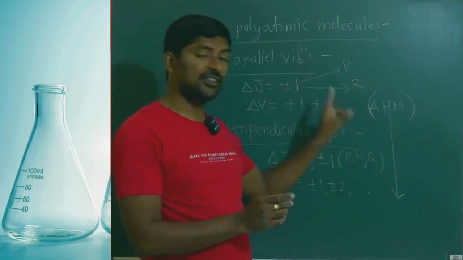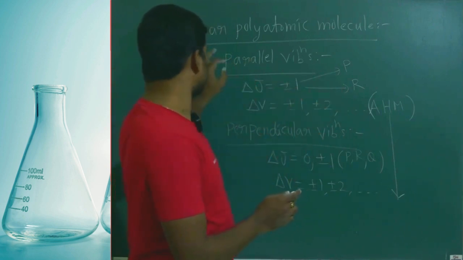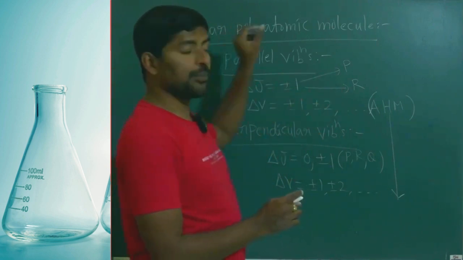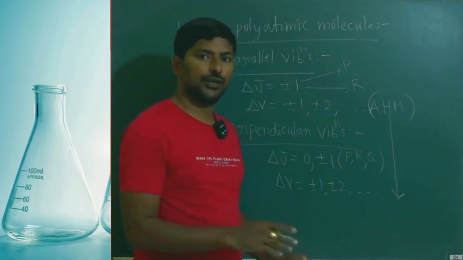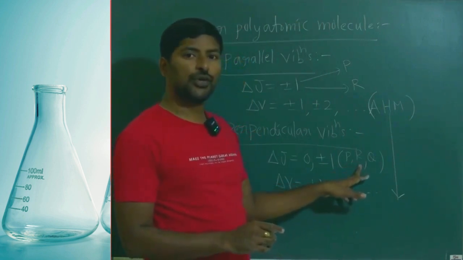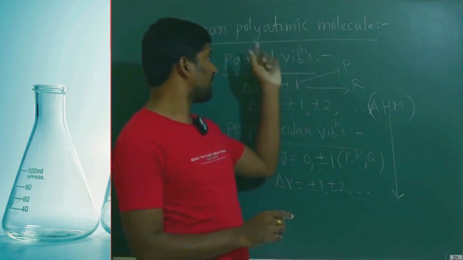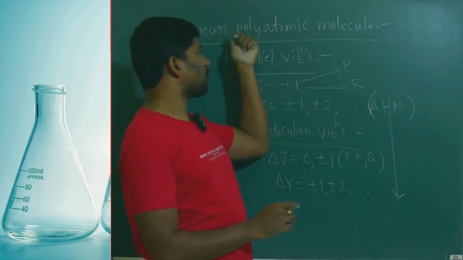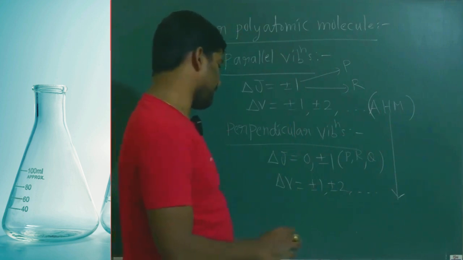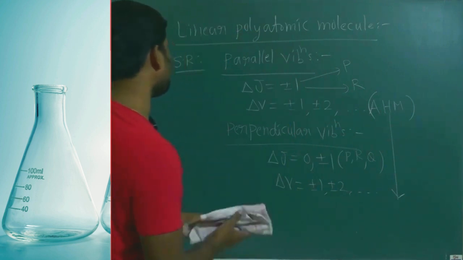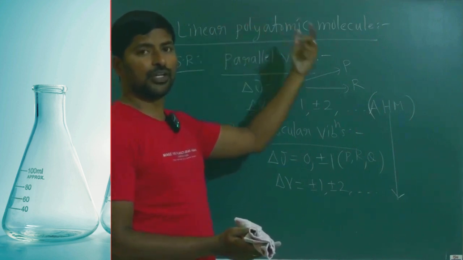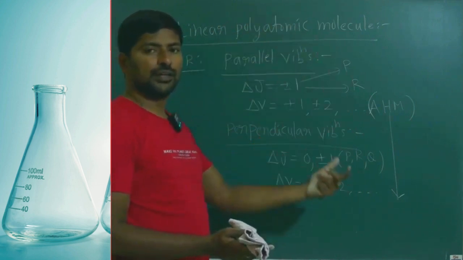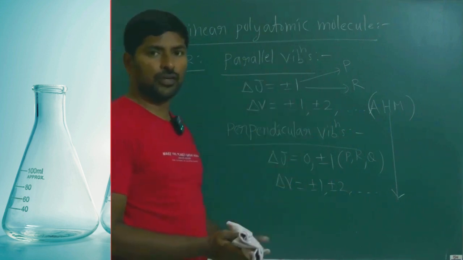If the Q branch line is absent, that indicates it corresponds to a linear molecule. If there is no Q branch line, then it indicates that it corresponds to what? A linear molecule. Other polyatomic molecules are not linear: symmetric tops, asymmetric tops and spherical top molecules.